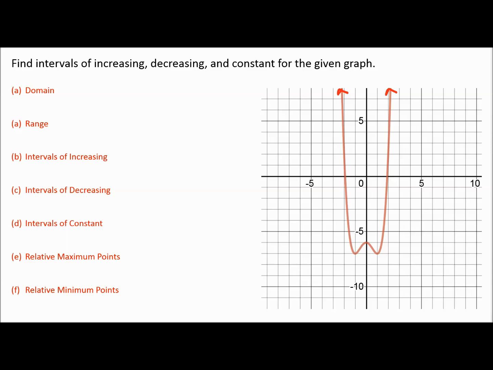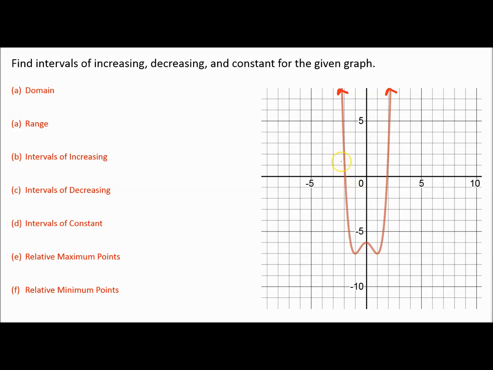So domain is left to right. So from the far left all the way to the far right, in other words, x values, what x values do we use to create this graph? Now, a lot of people would say, well, it looks like it's between -5 and 5, or even between -2 and 2. Well, up here, this goes up and to the left forever.